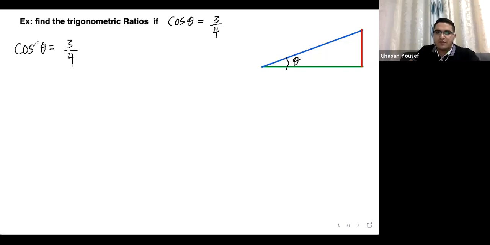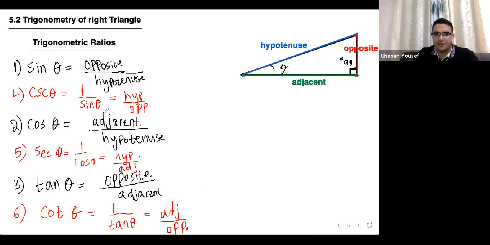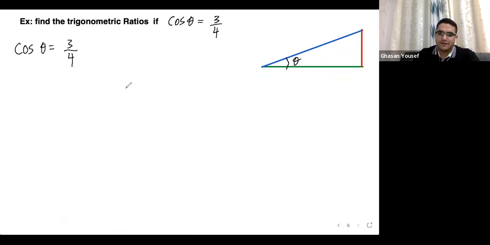It's given. What is the formula for cosine of theta? If you go back to the previous slide, cosine of theta equals what? Adjacent over hypotenuse. So the adjacent is 3, and the hypotenuse is 4.